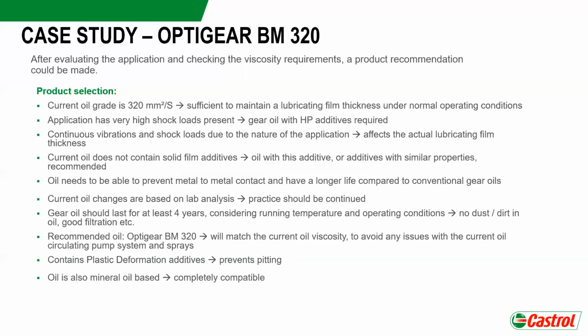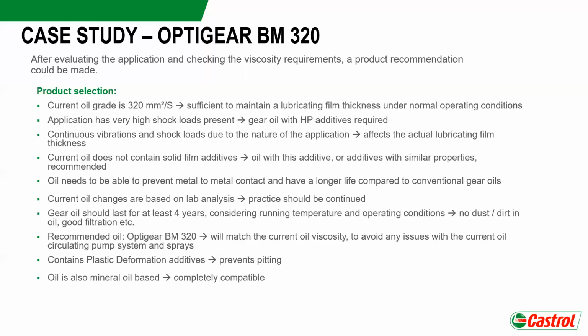Now, in that case, it's really important to try to match the current oil viscosity, because if you don't, then you will alter that spray formation, and you could find that you starve parts of a gearbox of lubricant. The fact that we could choose a mineral oil meant also that it's compatible with the current product, which was at the time a mineral oil anyway.